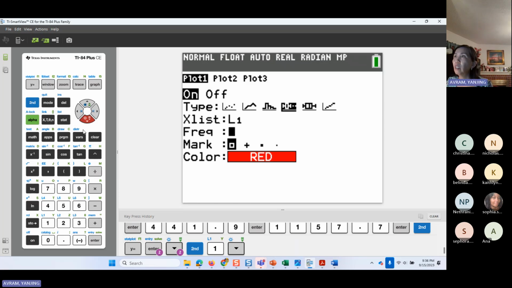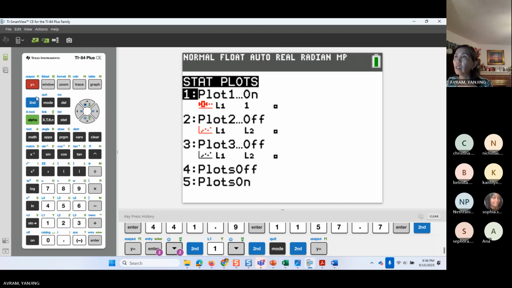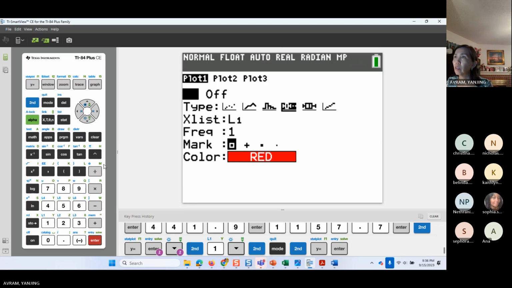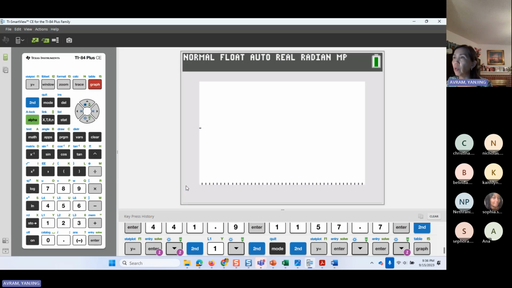All right, and let me go ahead and check it. Scatter plot. Okay, so I'm using the first one, the scatter plot. So my X list here is L1, my Y list here is L2. All right, and then I'll just go ahead and hit graph.